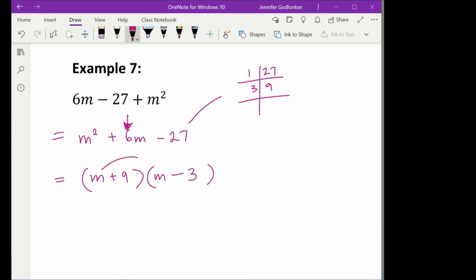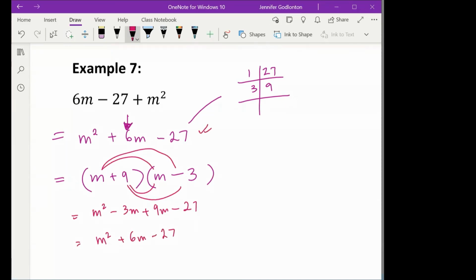So if I say m times m, that's going to give me m squared. M times negative 3 is going to give me negative 3m. Positive 9m, negative 27, which gives me m squared plus 6m minus 27, which is what we started with.